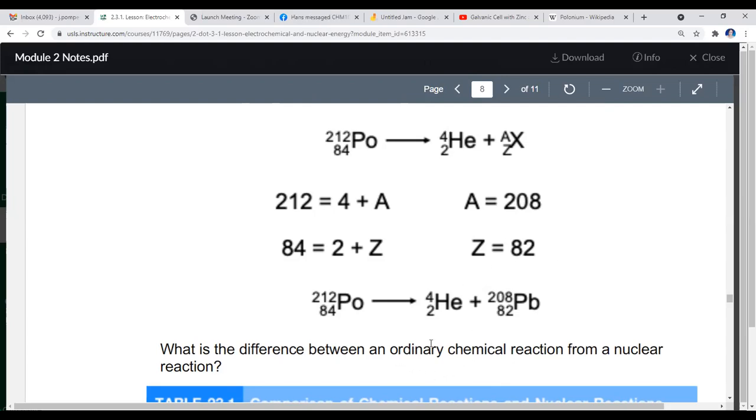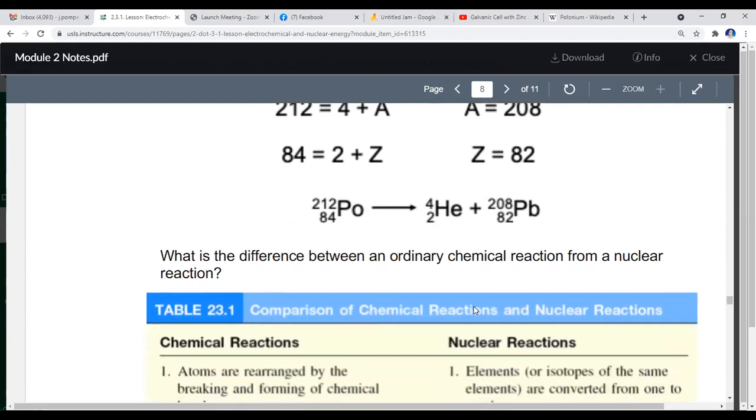So the difference between the ordinary chemical reaction and the nuclear reaction primarily is, number one, in the nuclear reaction we don't balance the number of atoms. What we balance here are the mass number and the atomic number. As simple as that. Okay?